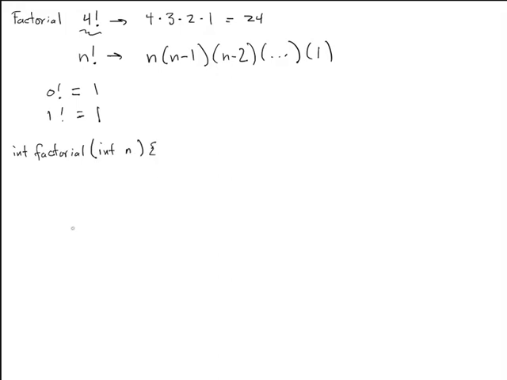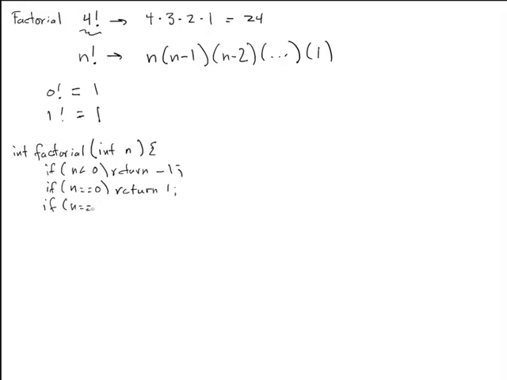Okay, so let's do our first base case. Let's just go ahead and check: if n is less than 0, return negative 1. This is just a check. If you ever get negative 1 out of the factorial, you know, hey, something went wrong. Alright, so if n equals 0, then return 1.